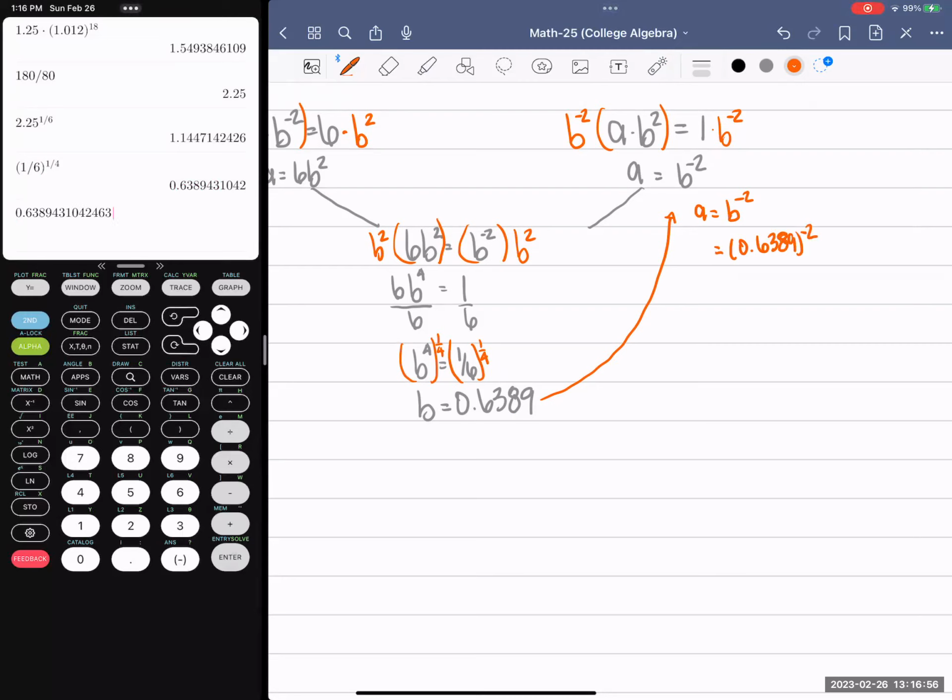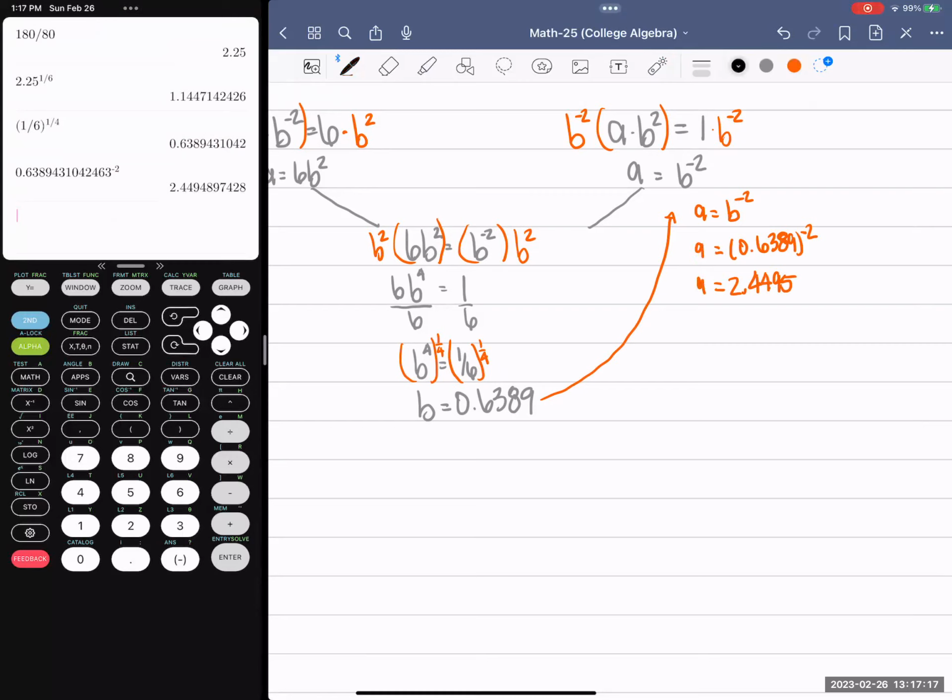We could raise that to negative 2, and that gives us about 2.44948, so 2.4495. And now we have pretty much everything that we need.